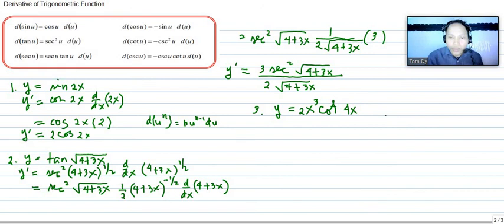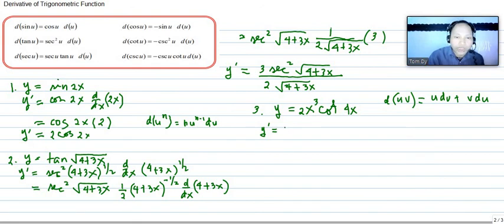Therefore, when we apply the derivative here, we make use of the formula for the derivative of uv, which is equivalent to u dv plus v du. So we will make use of this formula for this particular problem. When we take the derivative, that is y prime, which is equivalent to, this will be our u, this will be our v.